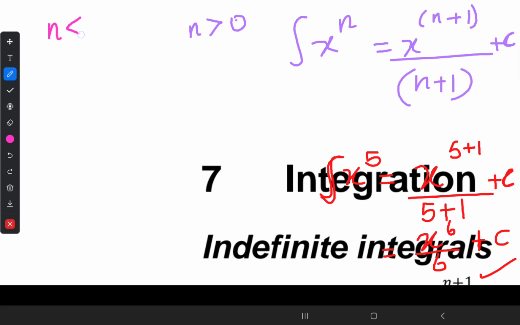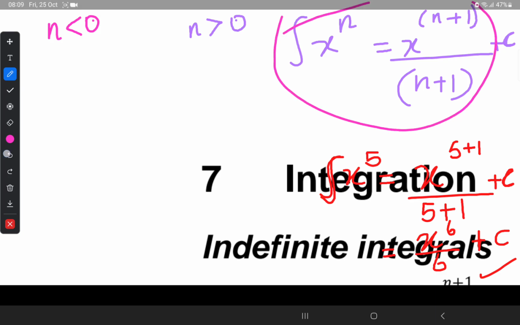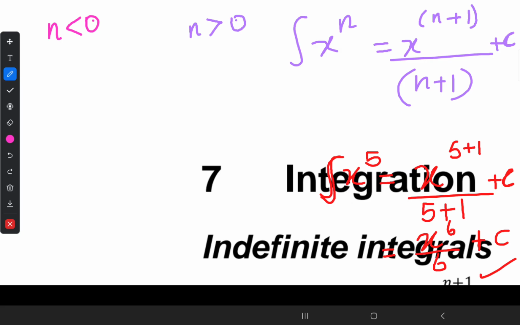In that case, what do we need to do? Integration is exactly opposite to differentiation. So when n is less than 0, the formula we use to integrate is the same, but the procedure is a little different.